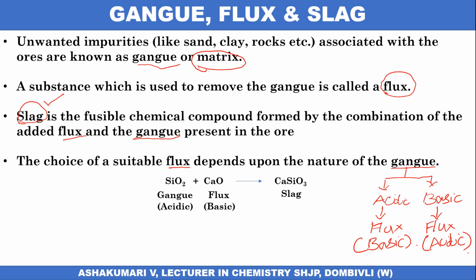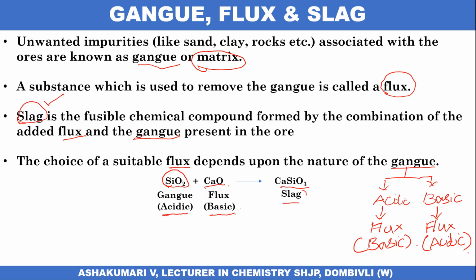Okay, consider the first chemical reaction. Here, silica is the gangue. It is acidic in nature. Calcium oxide is used as a flux, which is basic in nature. This silica combines with calcium oxide to form calcium silicate, which is the slag.